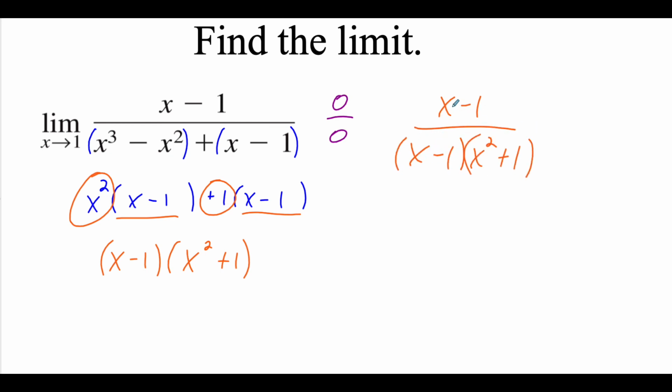So looking at this, the x minus 1s are going to cancel each other out. We're going to be left with 1 over x squared plus 1. Now we can take the limit of that as x is approaching 1. I should be able to direct substitute that 1 on the bottom. So 1 squared is 1, plus 1 more. Looks like we get a limit of 1/2 on this one.